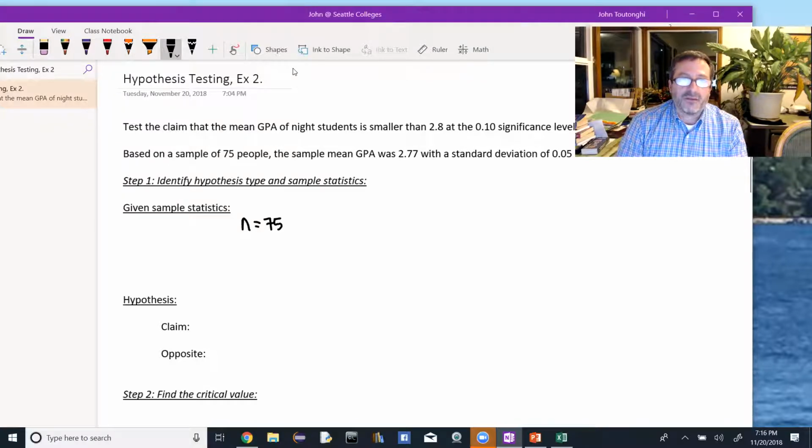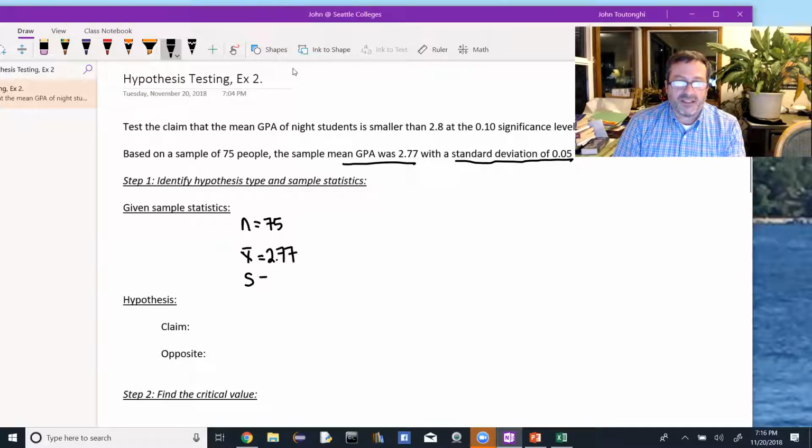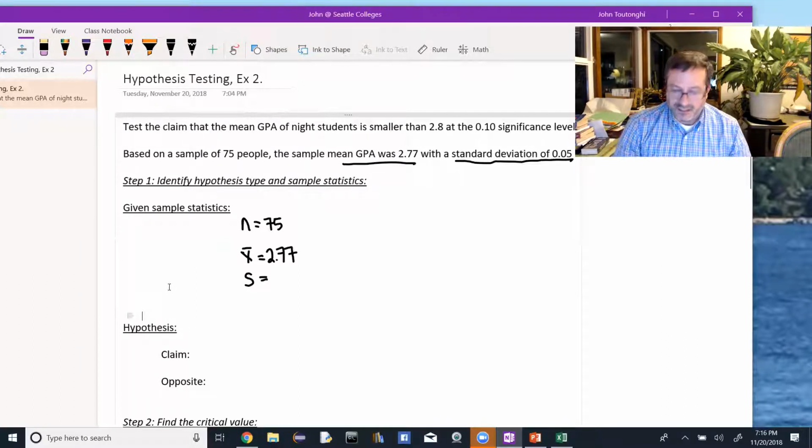And we have a sample mean GPA, x bar, of 2.77 with a standard deviation of 0.05. So we have to be careful here. Does it say population standard deviation? No, it does not. So that automatically tells us that it's the sample standard deviation, and it's 0.05.